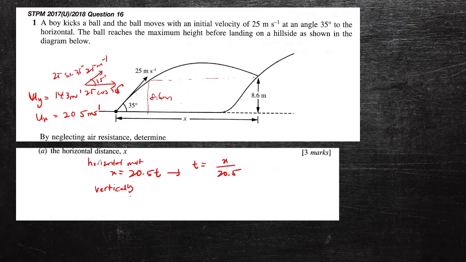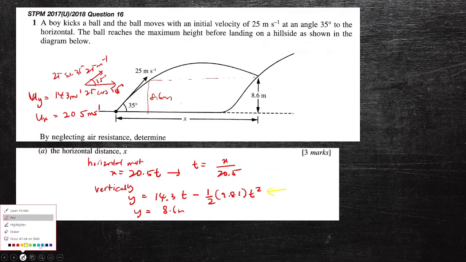Okay, so vertically y is equals to 14.3 t minus 1 over 2 times 9.81 times t squared. And we want to find y when it is 8.6 meter. So in this case we have to substitute everything in this equation over here.